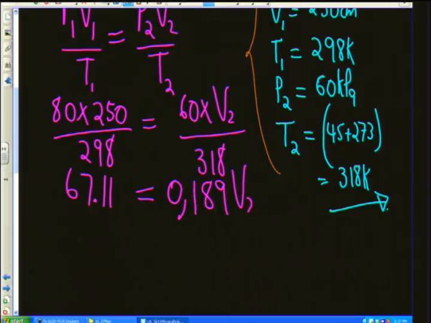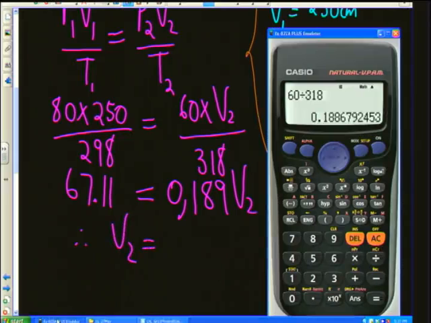0,189 V2. So why are we not getting it? Then this would be equal to V2. Therefore V2 equals 67,11 divided by 0,189.